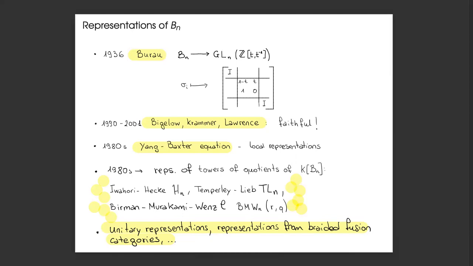Not to go into the unitary representations and other representations that are studied more from a physics point of view. So which one of those have a counterpart in loop braid groups?